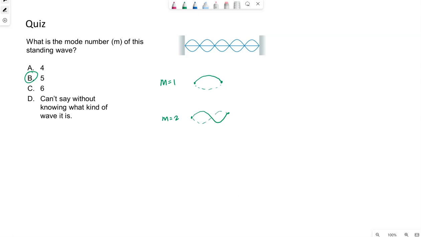Mode 3 would be 3 antinodes. Mode 4, so forth, would be 4 antinodes. We can simply count these antinodes. There's 5 of them. That means this is mode 5 or harmonic number 5, the 5th harmonic.